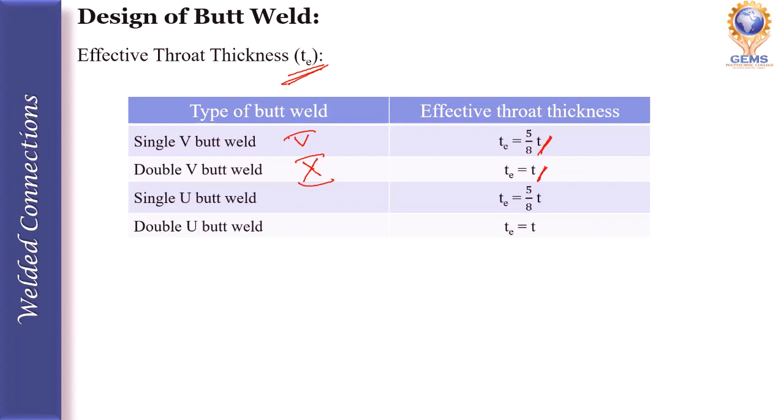If it is a single U butt weld, it is 5/8 into t. If it is a double U butt weld, Te is equal to t. This t is equal to the thickness of the thinner connected member.